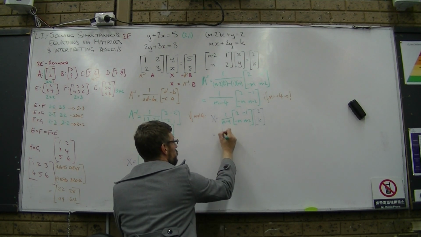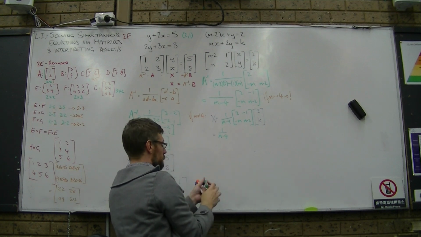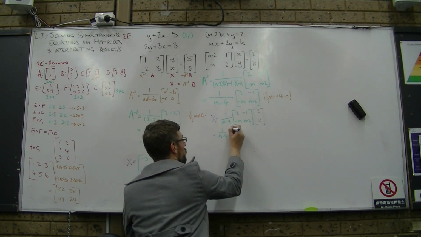Leave this 1 over m minus 4 up front, times all this stuff.